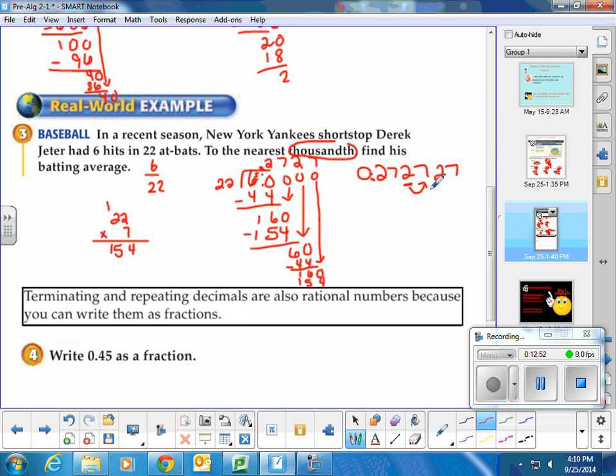If it's 4 or below, let it go. 5 and above, give it a shove. Since this is 5 and above, we're going to move this up to a 3. So to the nearest thousandth, the batting average would be 273 thousandths.